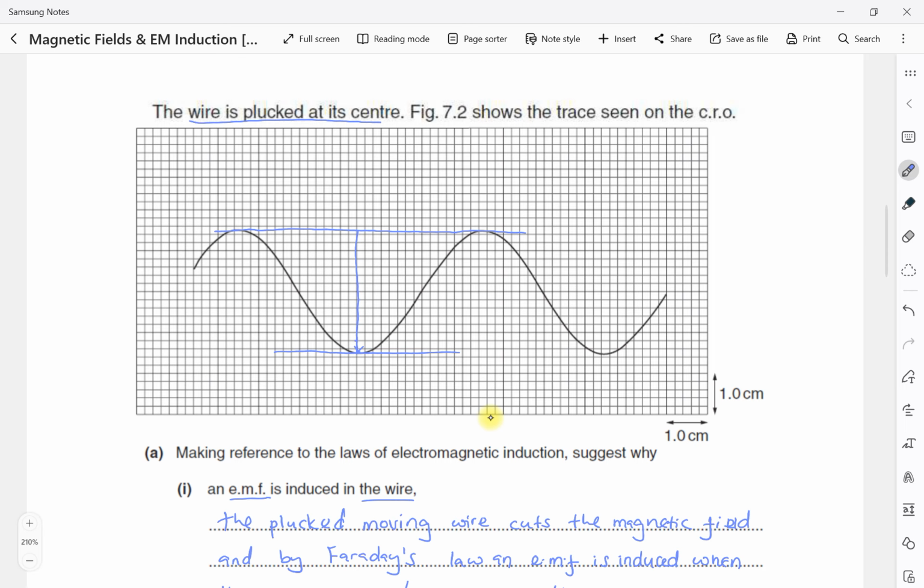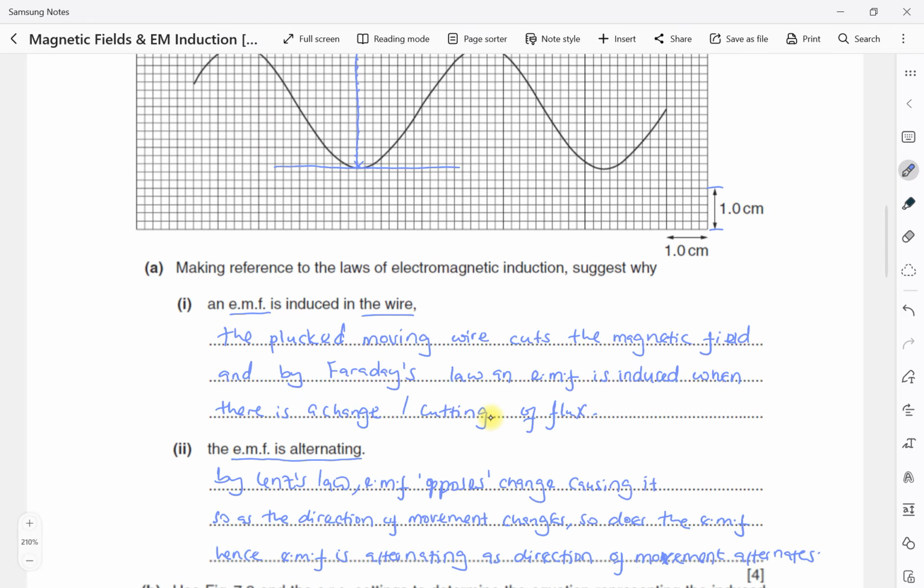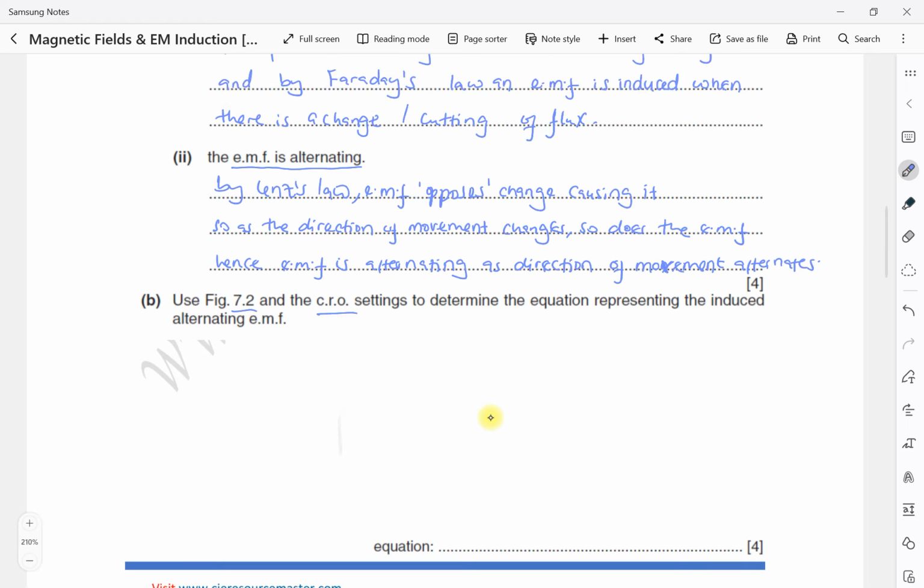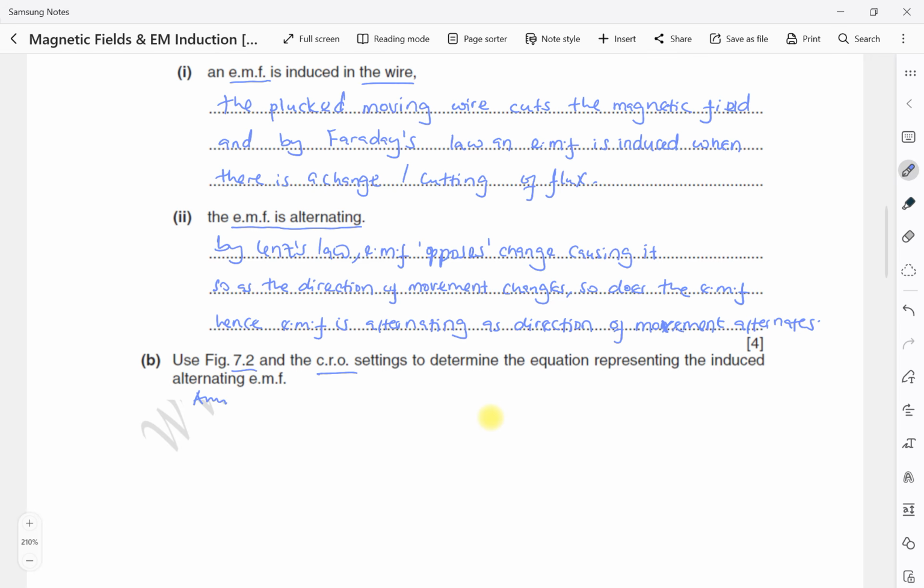We have 1, 2, 3, 4, 5; 1, 2, 3, 4, 5; 1, 2, 3, 4, and a half here. So those are 3 centimeters, because each 5 small squares is 1 centimeter. That is peak to peak, which implies that the amplitude x naught is going to be 3.0 divided by 2, which is 1.5 centimeters. That is the amplitude.